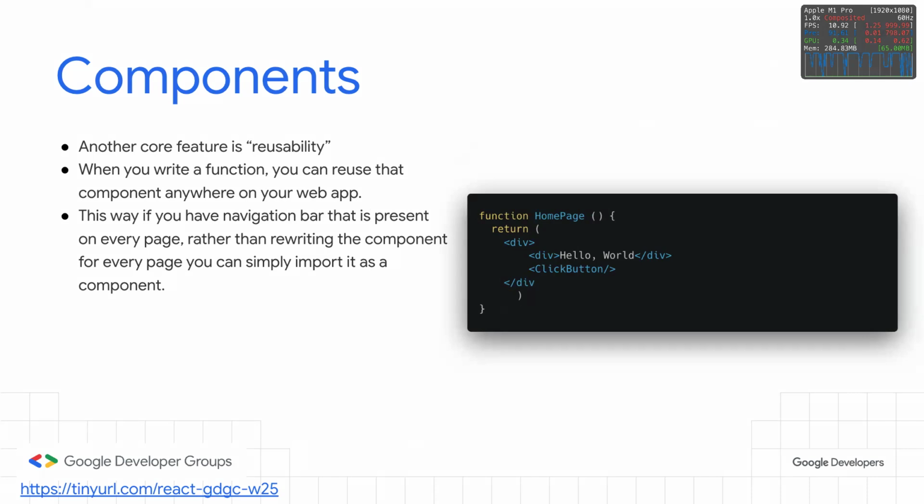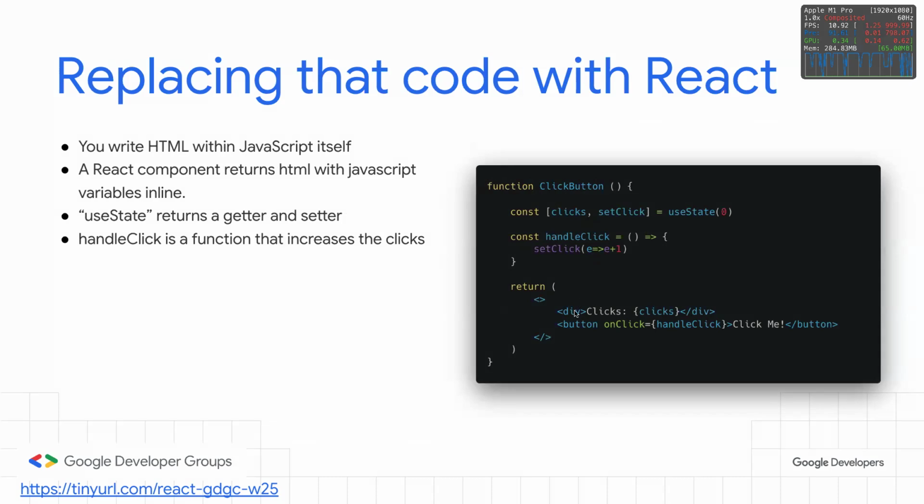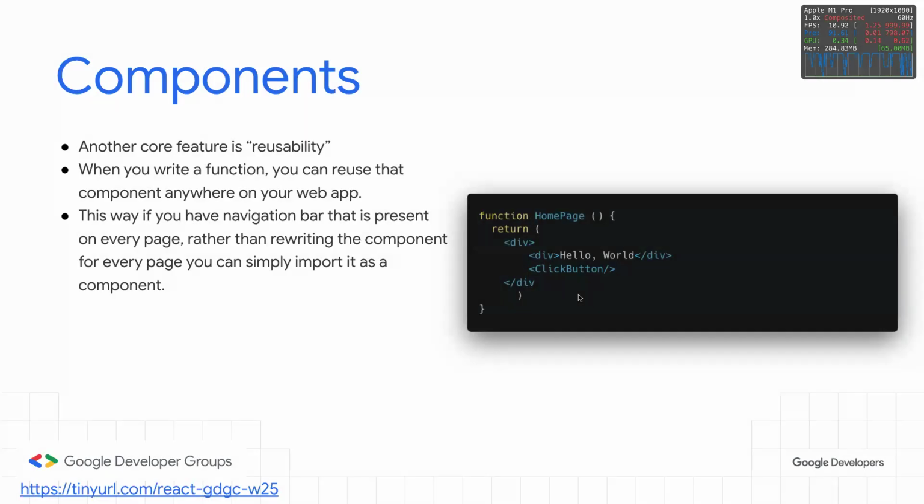Well, in React, one of the core features is its reusability. The reusability lets you export that HTML as a function. So here you can see hello world and then ClickButton, right? ClickButton was a function we made in the previous slide. So function ClickButton returns HTML. We can then refer to that HTML in another page called the home page.